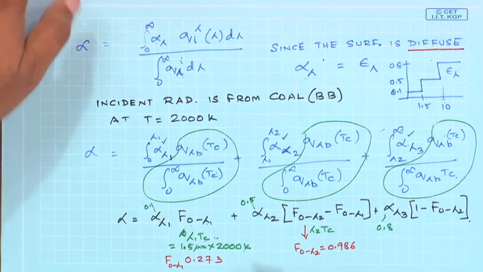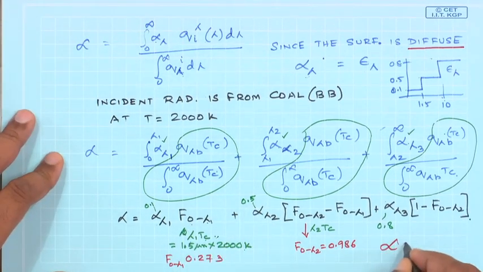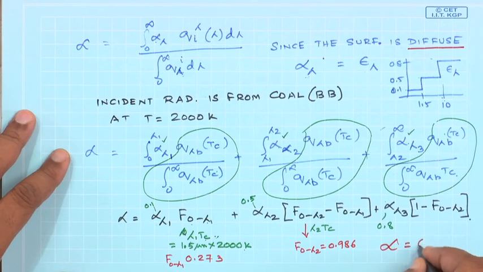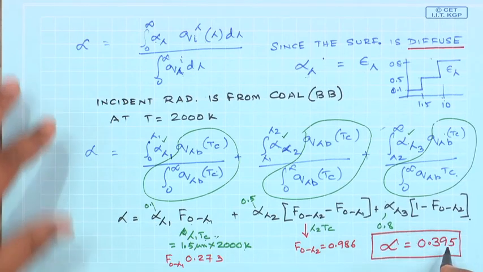So, when you plug in all these numbers, the value of alpha that you are going to get is 0.395.